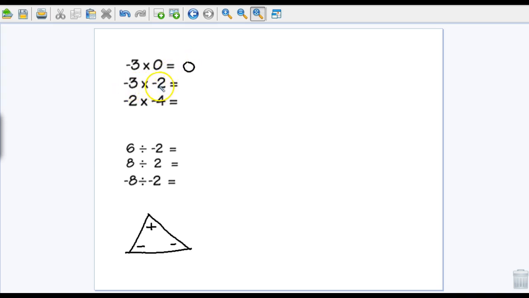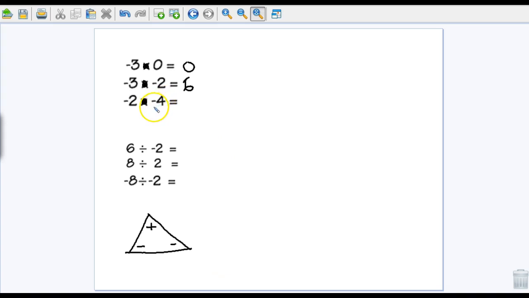Now here we have 2 numbers. We have a negative and a negative. So if I cover both of these, that leaves me with a positive. So I know my answer is going to be positive. So 3 times 2 is 6. Oh, let's not forget to write these down with little dots or parentheses and not use the X. We don't use the X because we're going to use X when we're looking at algebra in a bit.